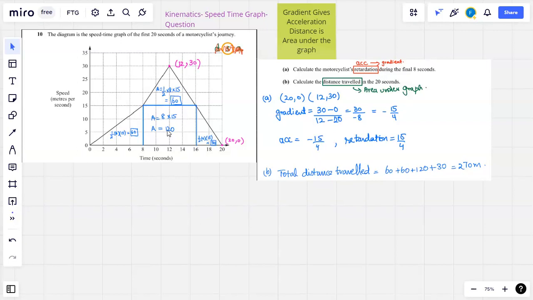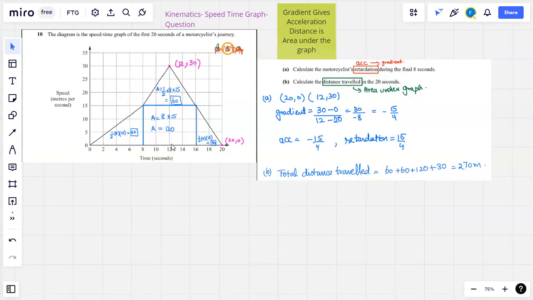From 8 seconds to 12 seconds, again the speed is changing. The acceleration is again constant, but now it is more than before, so the speed is increasing faster. We can also say that the gradient of the first line is less than the gradient of this line, so the speed is greater in this stage.